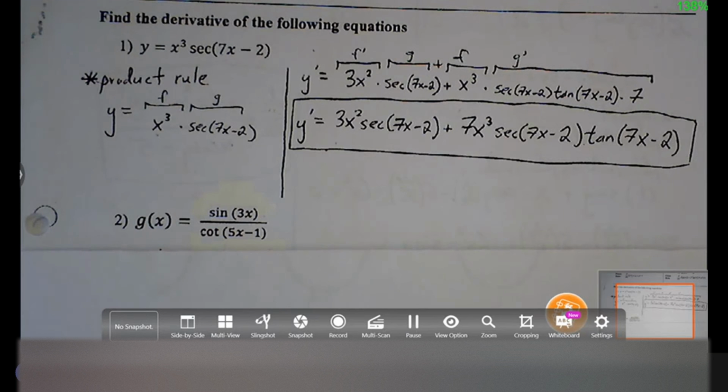All right, any questions with one? Take a look at number 2. What do you notice? What's involved here? Quotient. Yeah, quotient rule is a little bit easier to spot, right? That numerator denominator kind of gives it away. Well, try that.